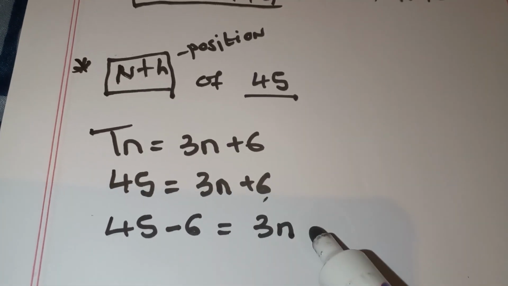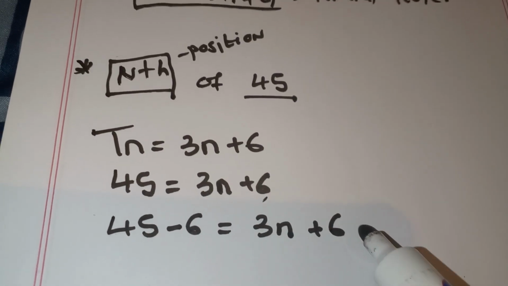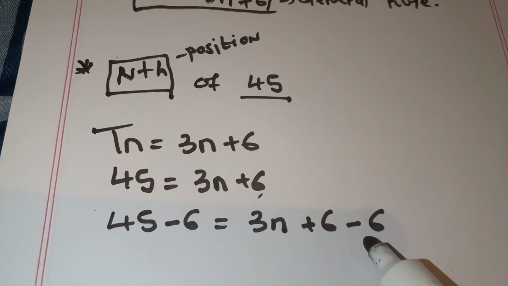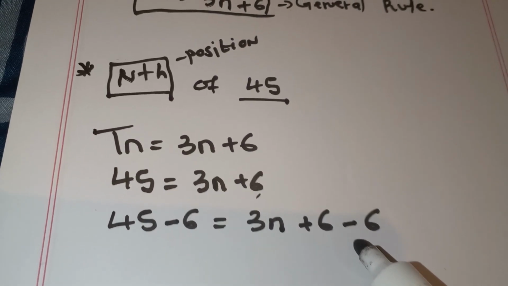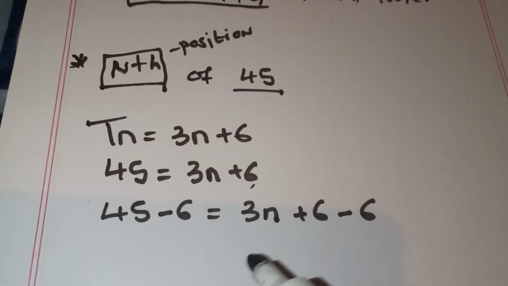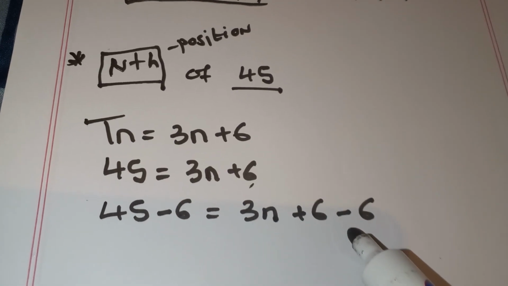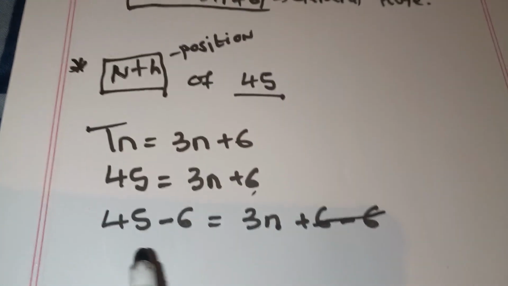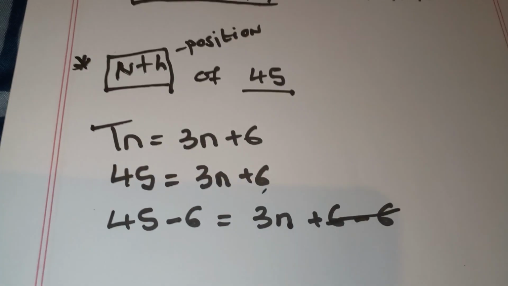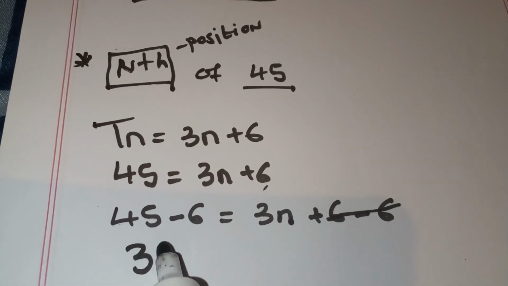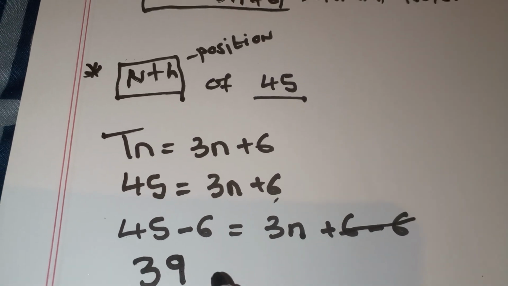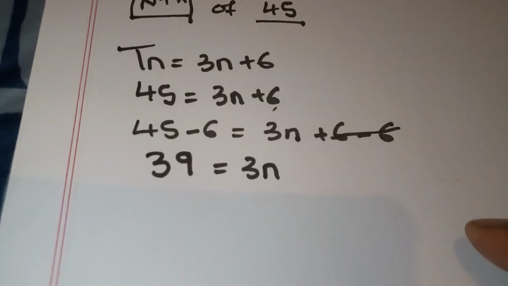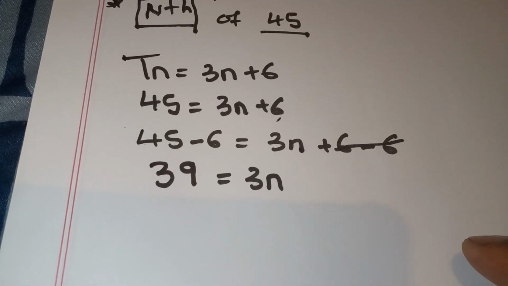For some to understand what is happening, because we subtracted 6, the simple rule of equations is that what you do on one side, you do on the other side. We subtracted 6 here, so we also subtract the 6 there, so that they cancel. Now 45 minus 6 is going to be 39. 39 is equal to 3n.